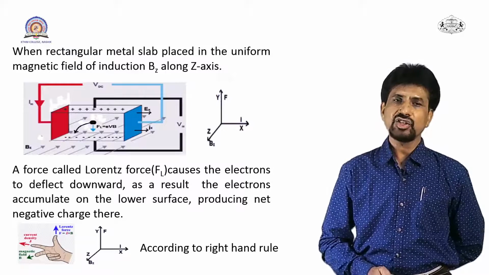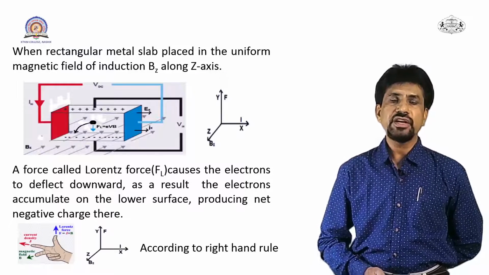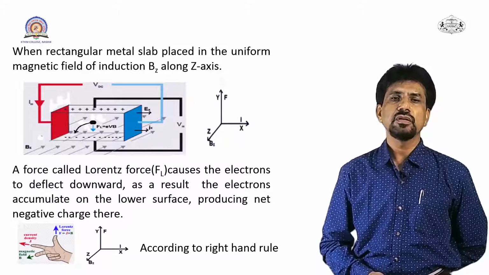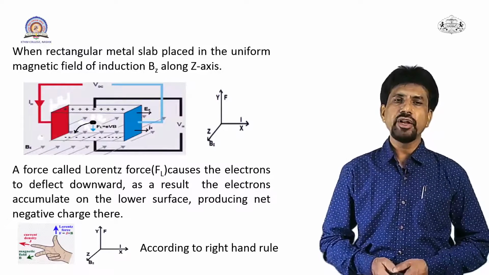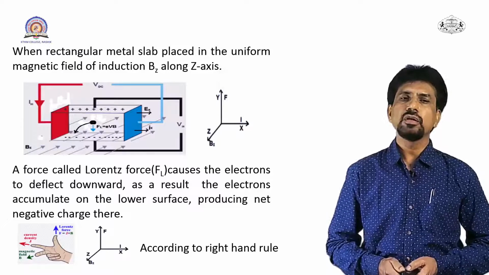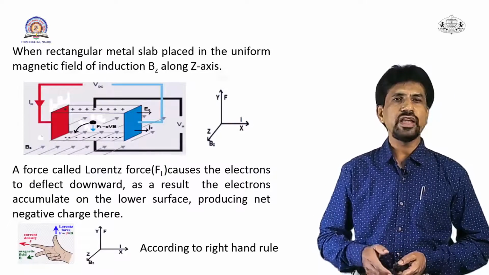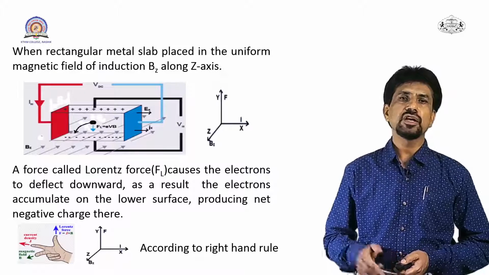Now the direction of the Lorentz force is given by Fleming's right hand rule. According to Fleming's right hand rule, the force acting on the electron is in the downward direction.